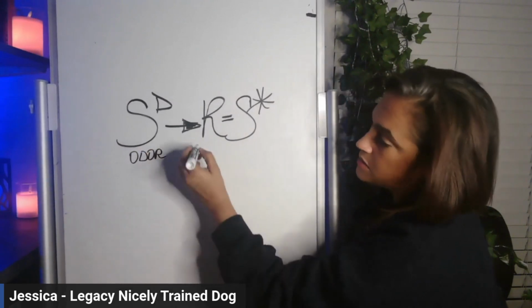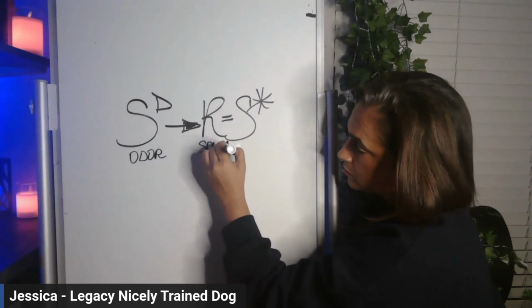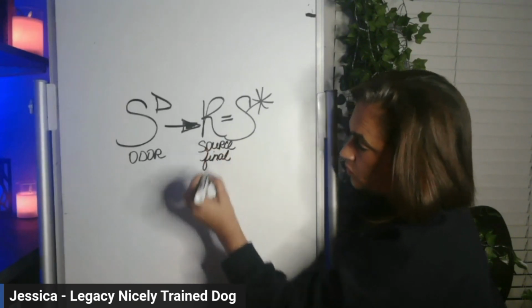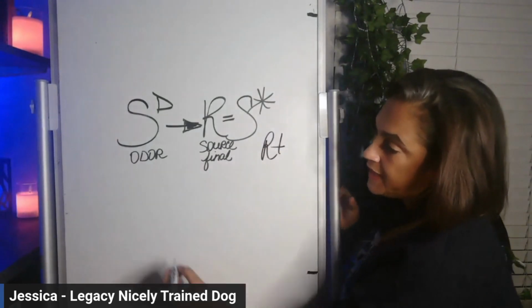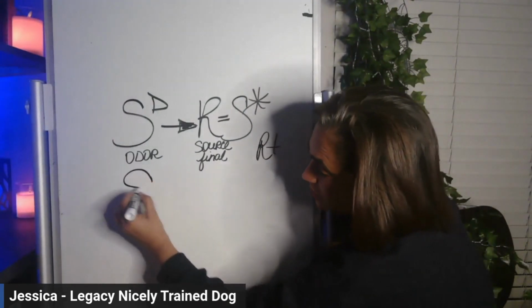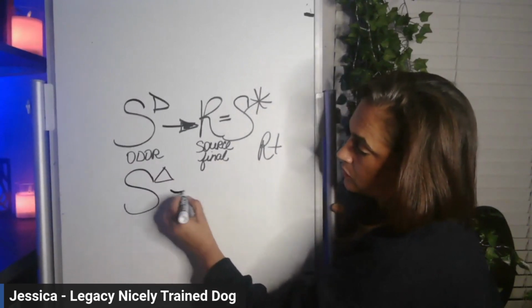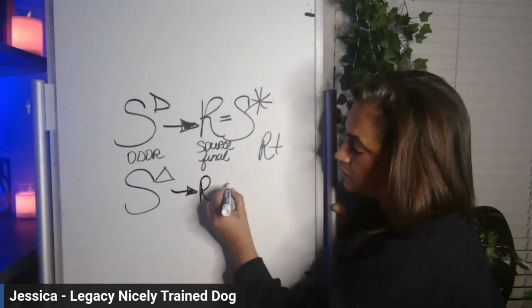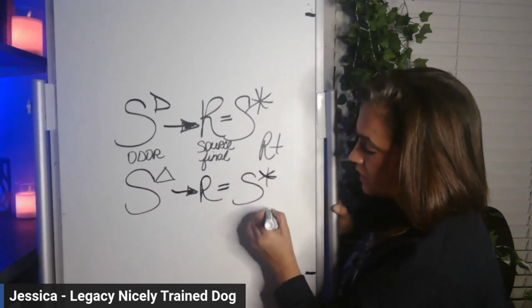The response is going to source and final response. And the consequence is they get reinforced. If something else shows up, like food, and they go to that, get nothing.